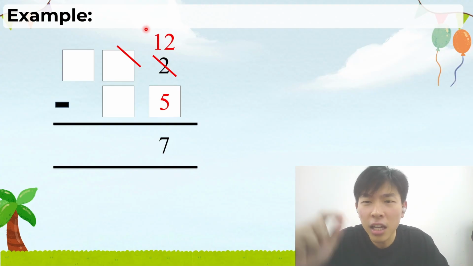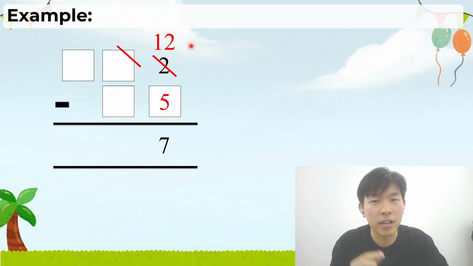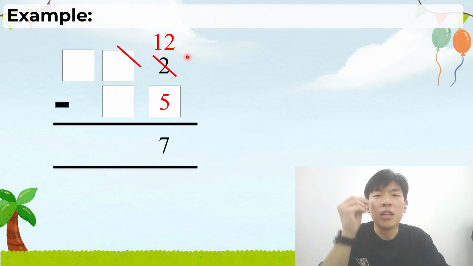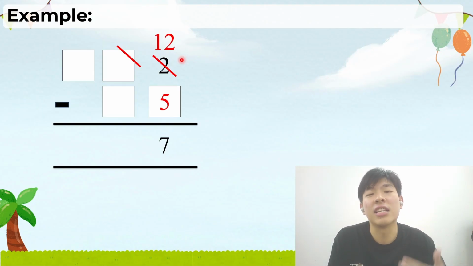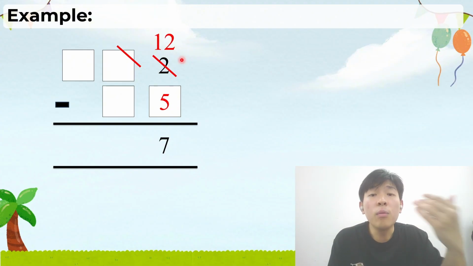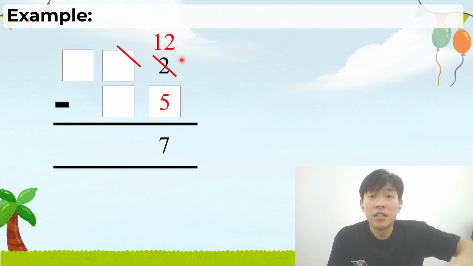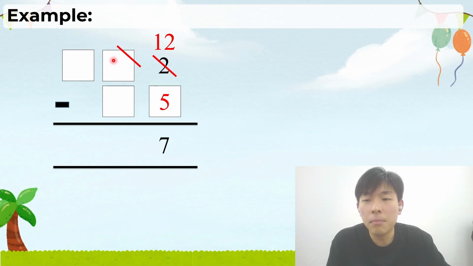Now, you see here, for example, in the ones place, there will be only two calculations happening. First is the digit calculation itself. For example, 12 minus 5, you get 7. Another calculation will be borrowing. For example, a number here must minus 1, and then do the digit calculation.